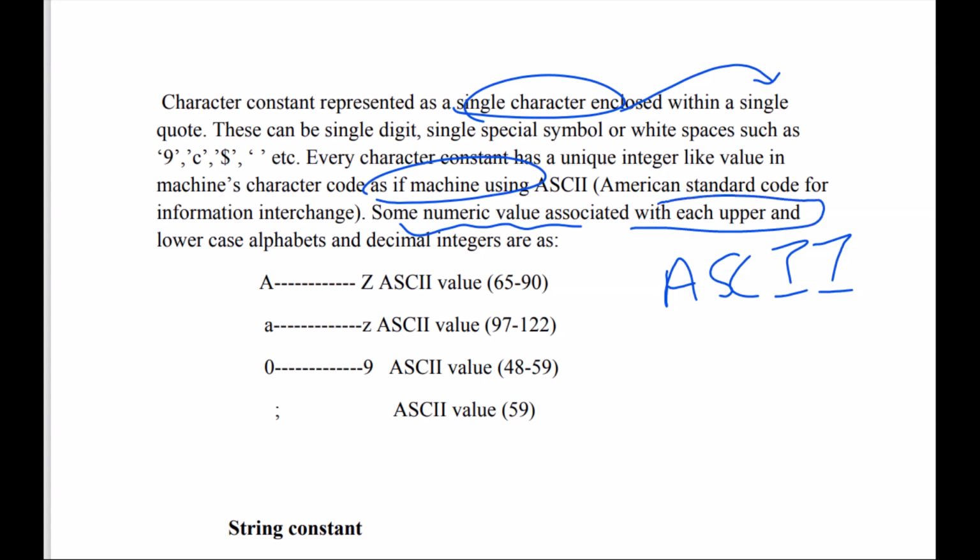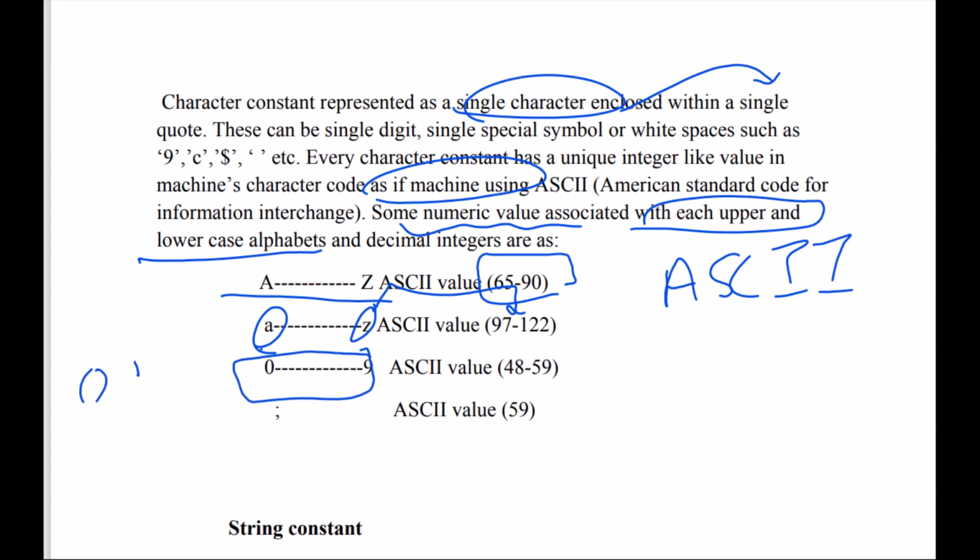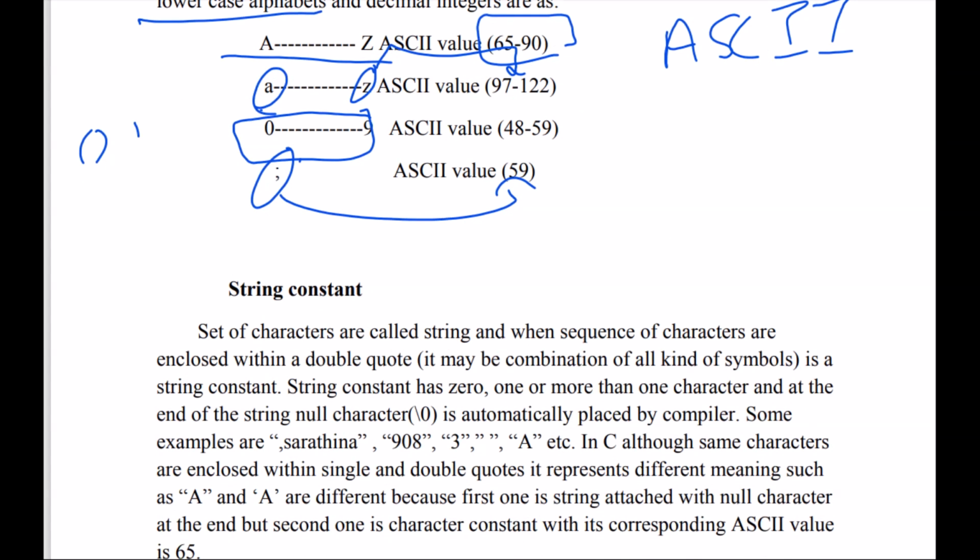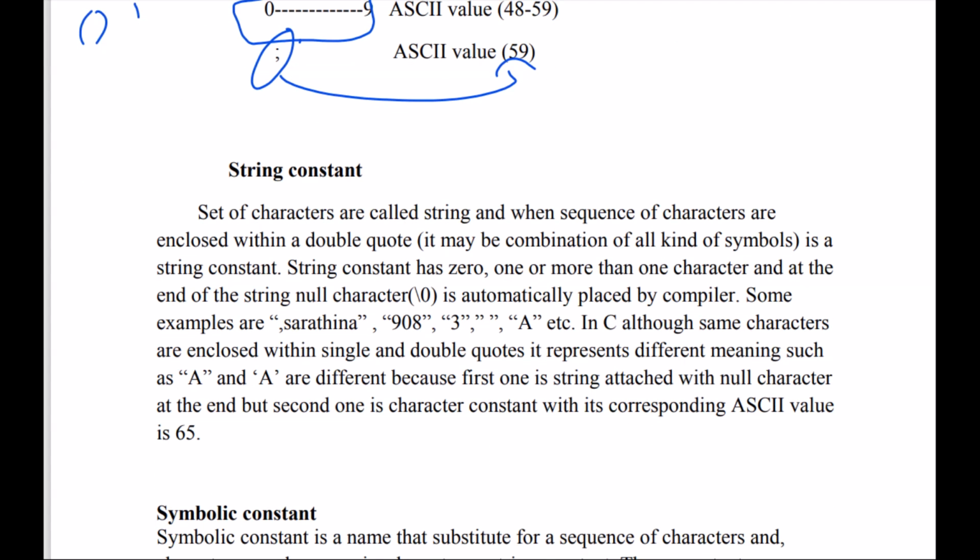Some numeric value is associated with each upper and lower case alphabet and decimal digit. Capital A to Z have values from 65 to 90, small a to z are from 97 to 122, and the digits 0, 1, 2, 3 and so on have values starting from 48.